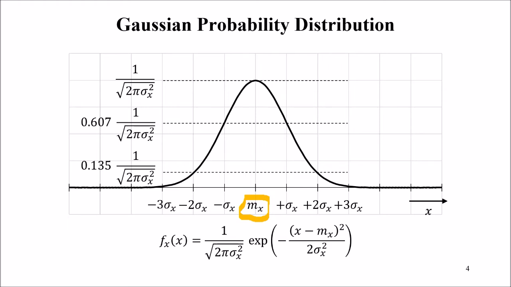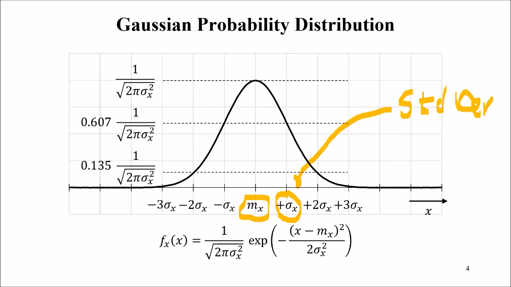If you take the square root of the variance, you get sigma x. This is known as the standard deviation. If you start at the mean value and you add 1, 2, 3 standard deviations, the bell-shaped curve is essentially back down to 0.